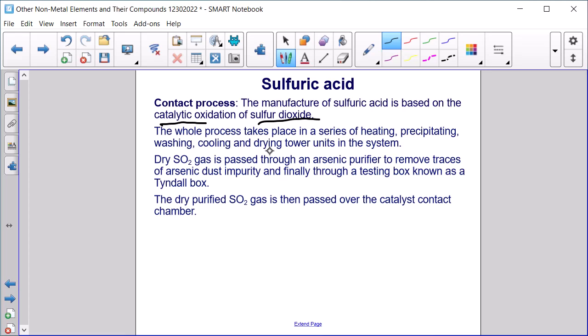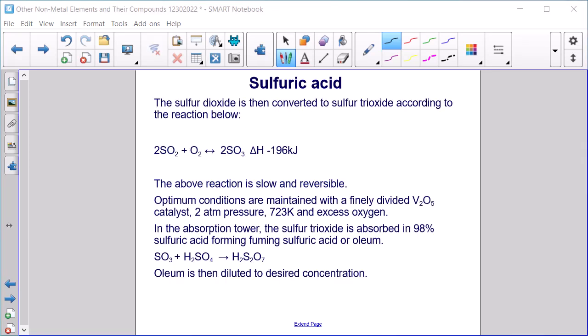Dry SO2 gas is passed through an arsenic purifier to remove traces of arsenic dust impurity, and finally through a testing box known as a Tyndall box. The dry, purified SO2 gas is then passed over the catalyst in the contact chamber. The sulfur dioxide is then converted to sulfur trioxide according to the reaction shown below.